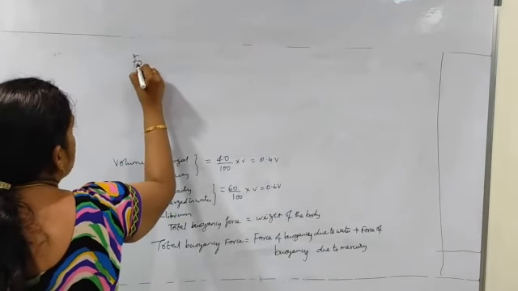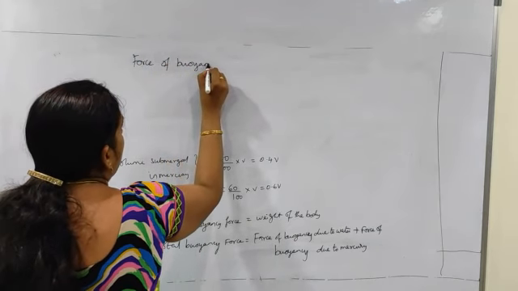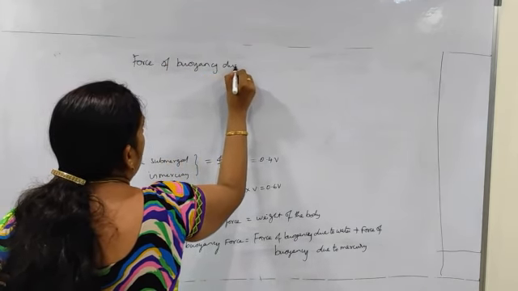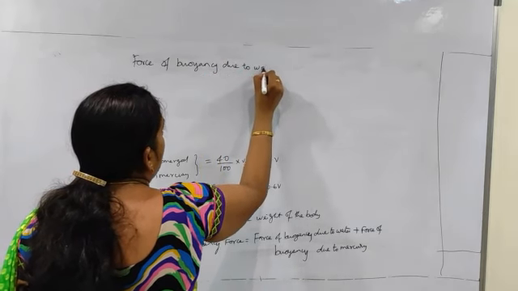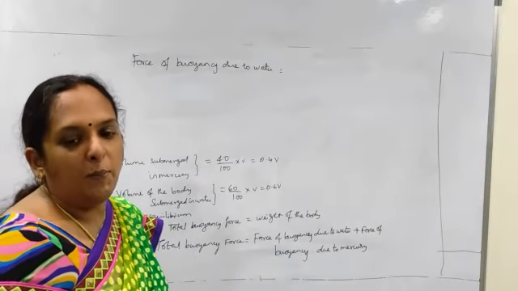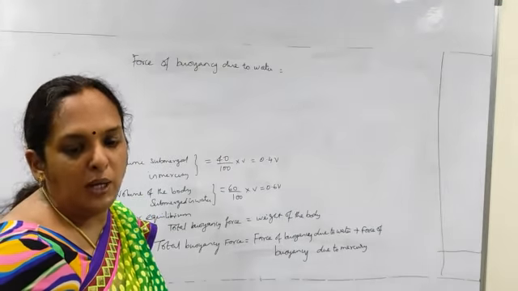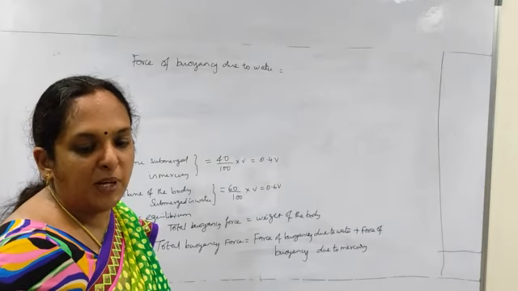Then we have to find the force of buoyancy due to mercury. So what is the force? Force is the weight of the fluid that is displaced by the body.